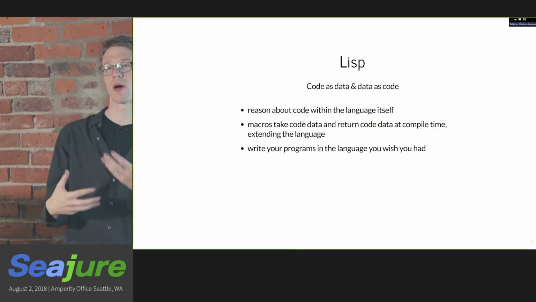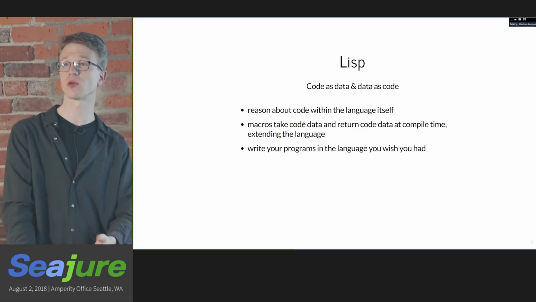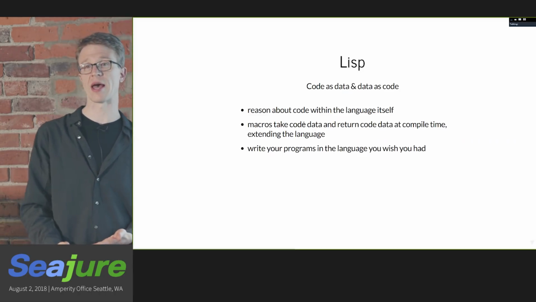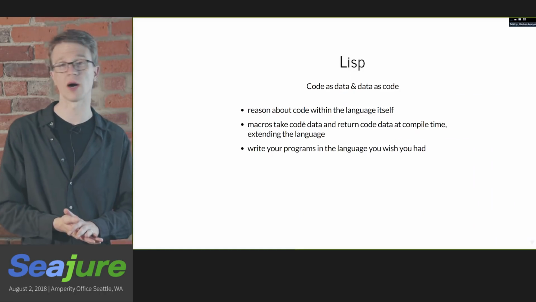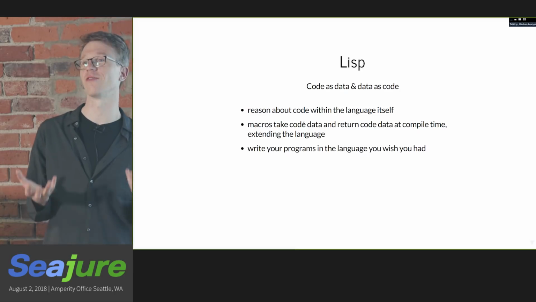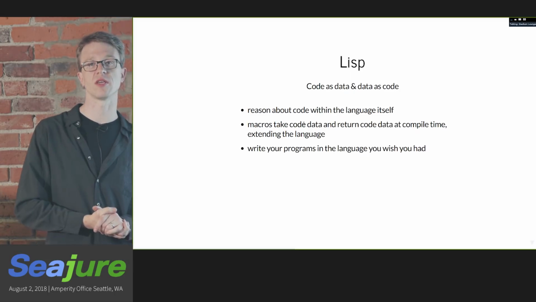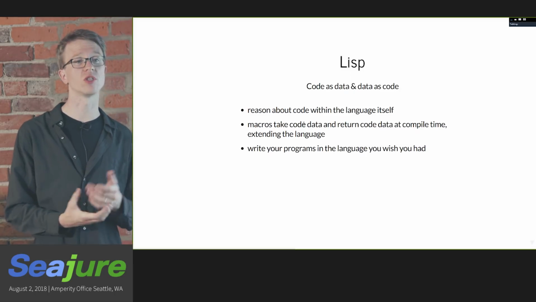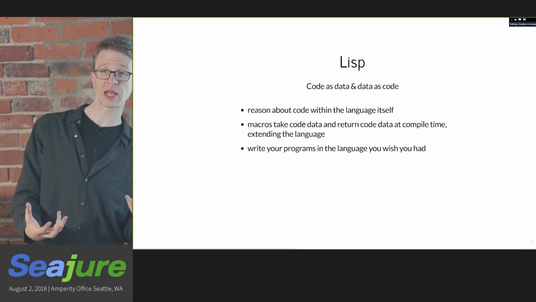So being able to reason about code this way and run these macro functions at compile time means that we can effectively extend the language of a Lisp. And this is true of Clojure as it is for any other Lisp, right? So the language itself is extensible. And a perfect example of this is the core.async library, which uses macros to capture a lot of the semantic power of the Go programming language.